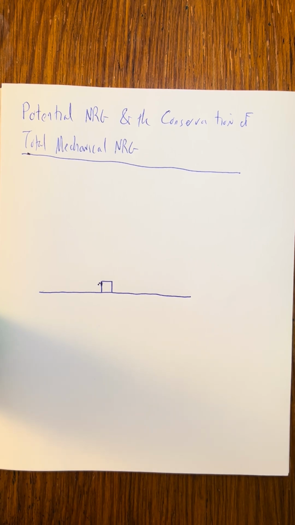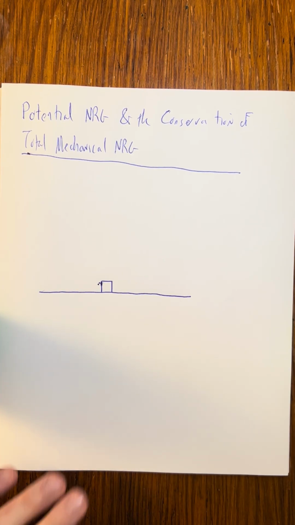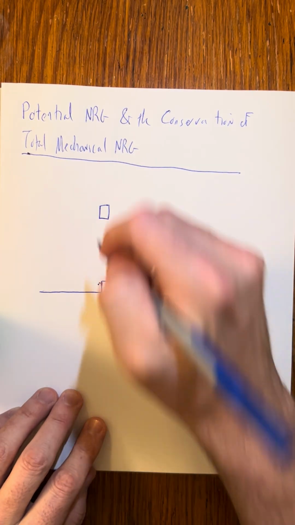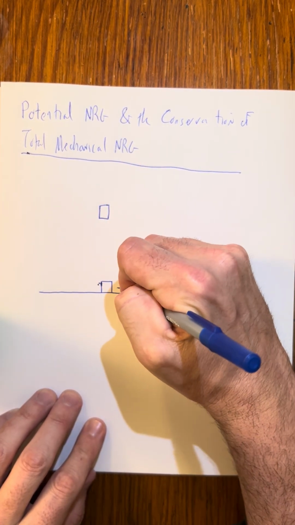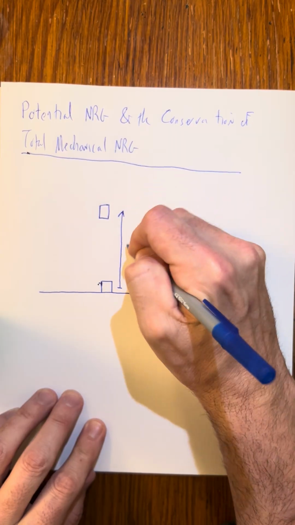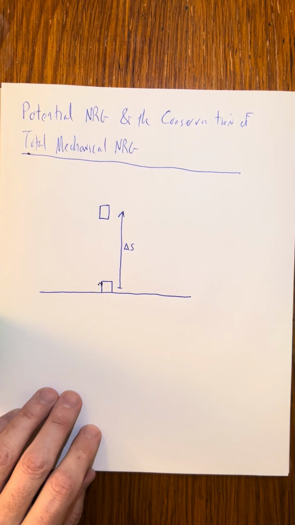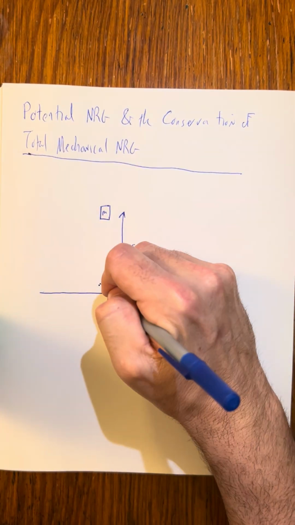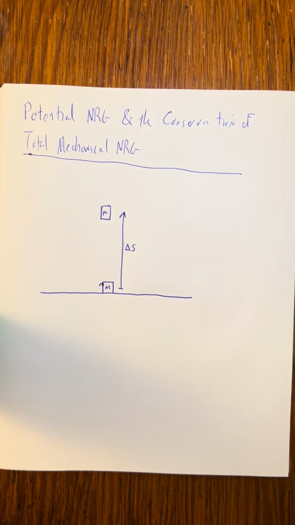But we know that this thing doesn't have the capacity to affect the environment. No one will be worried about it. It doesn't have the ability to hurt you just sitting there. But if I were to bring it up to this level here, some height above the ground, some displacement upwards, I think we would agree that at this new height, this object, this mass, now has the capacity to affect the environment because of its location, specifically its location above the ground.